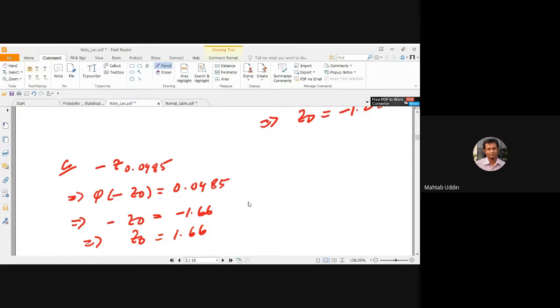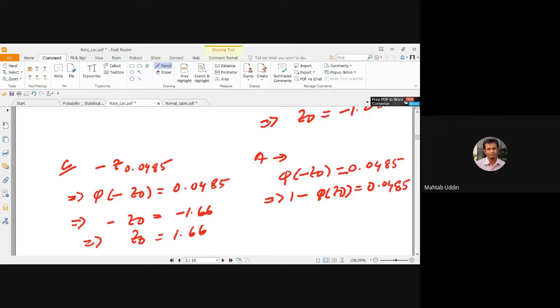In the alternative way, you can write: minus z naught equal to 0.0485, so 1 minus phi of z naught equals 0.0485.